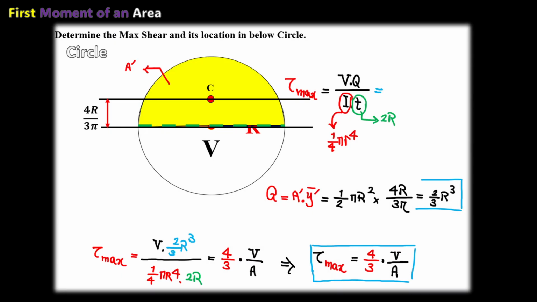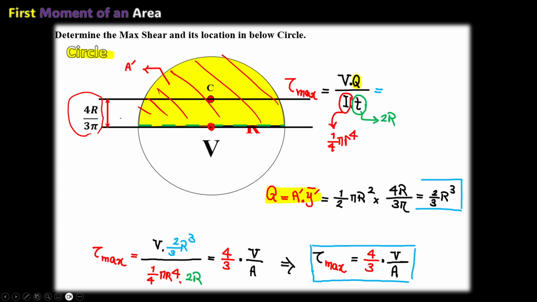For example, if we have a circle and we want to know the first moment of an area of the top part, in the formula of tau maximum we have the calculation of Q, and Q is nothing but A prime times y bar prime, where A prime is the area of the top part, and y bar is the distance from the centroid of the top part to the centroid of the entire area.